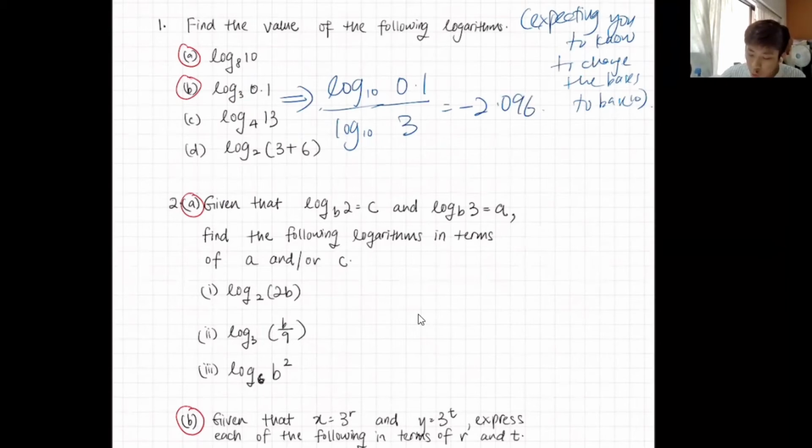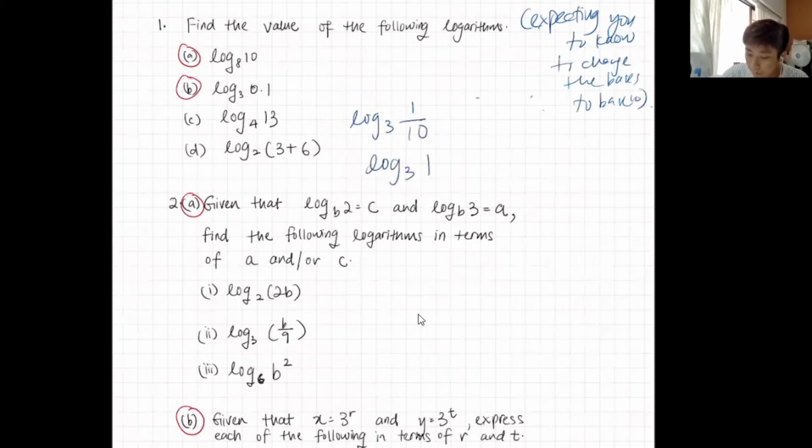If you happen to listen to me to break into a fraction, it doesn't matter also, but the working is a bit longer for this case. 1 over 10. Then you break it up. Become log 3 1 minus log 3 10. Correct, not? Log 3 1 is 0 because the value here is 1, it becomes 0 automatically. So the answer is just 0 minus this one, which is still base 3.